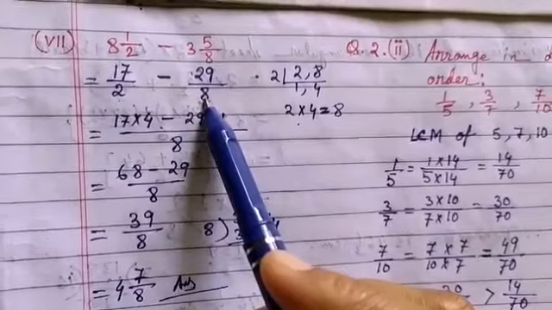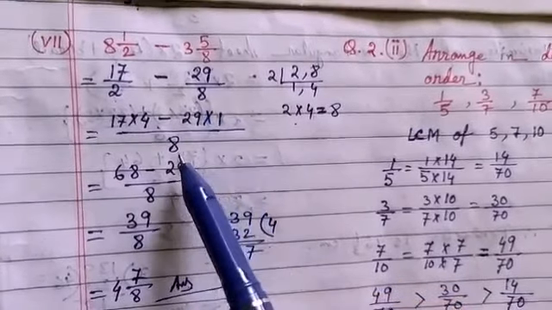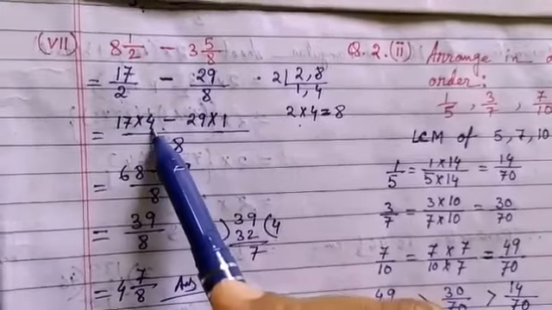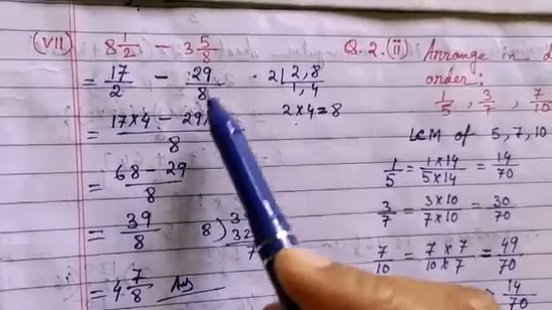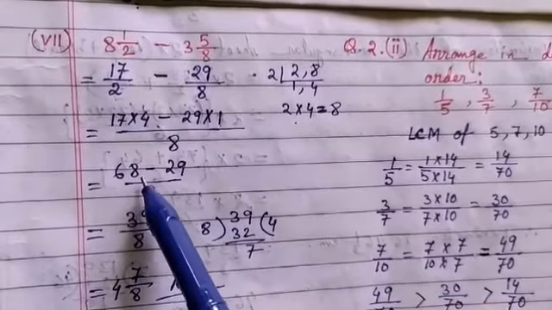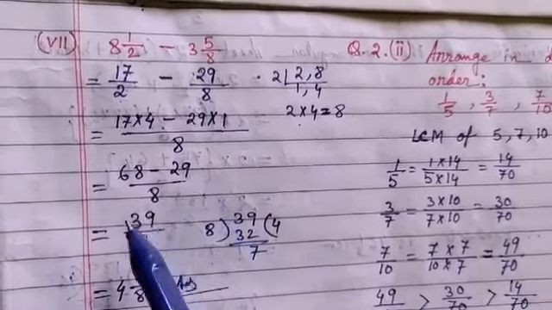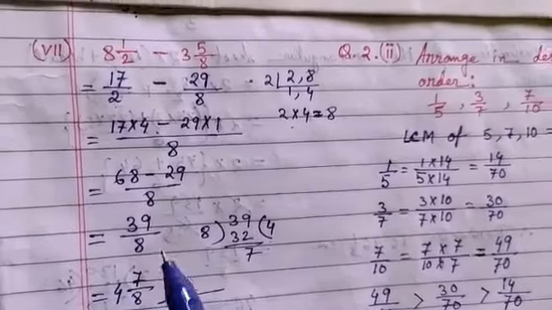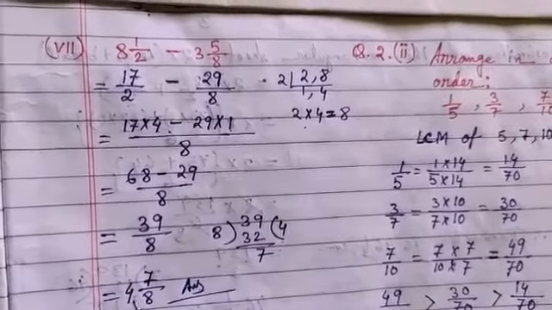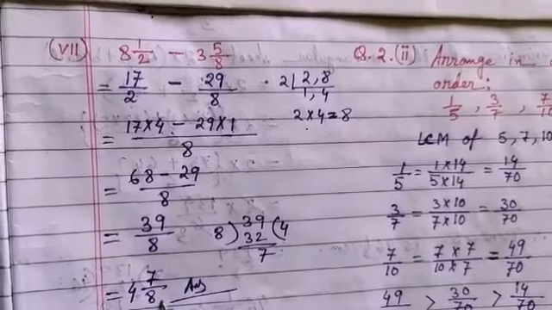The LCM of 2 and 8 is 8. Then 2 4s are 8, so 17 is multiplied by 4. Then 8 1s are 8, so 29 is multiplied by 1. Then 68 minus 29 by 8, simple subtraction, that is 39 by 8. Then the answer is 4 whole 7 by 8.